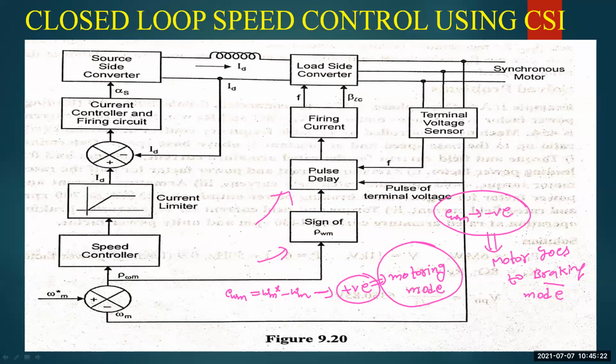This is called the phase delay circuit. The phase delay circuit shifts the reference pulses suitably to obtain control of a constant commutation lead angle, beta LC.